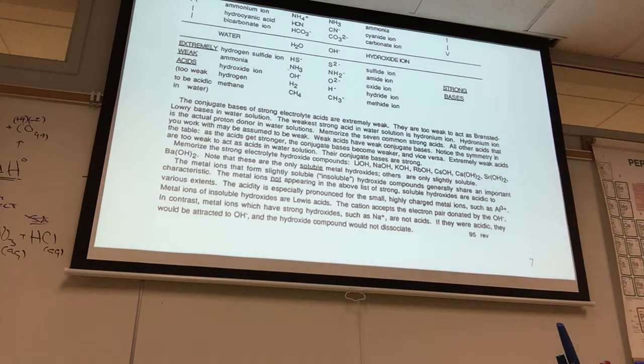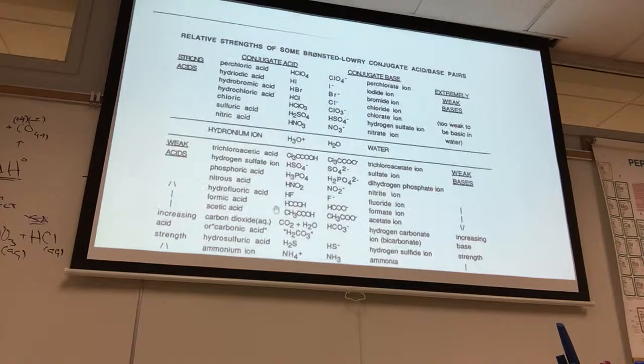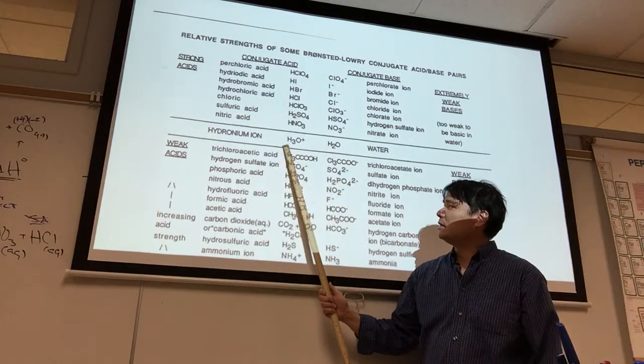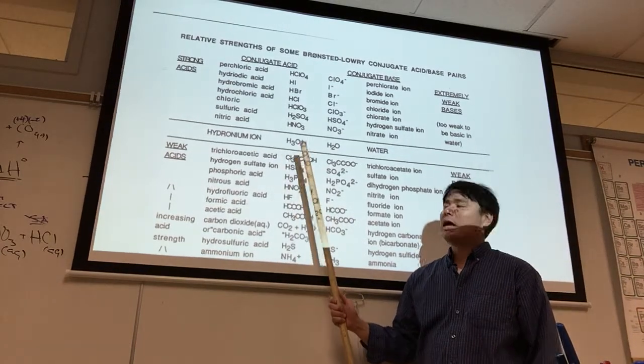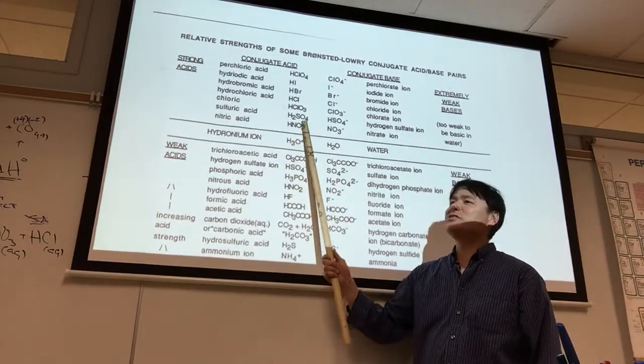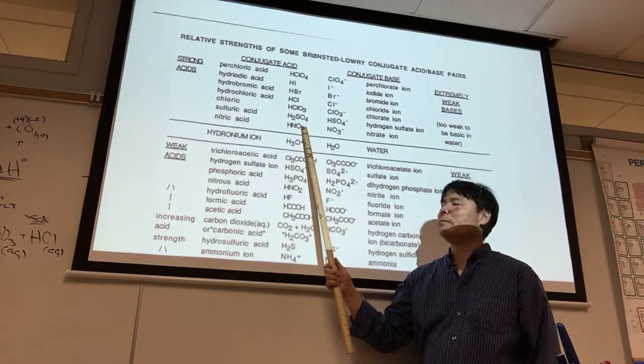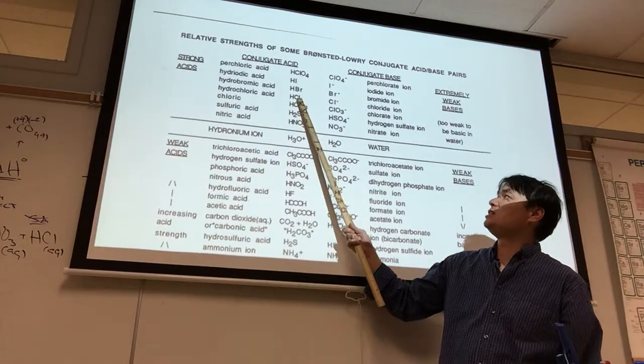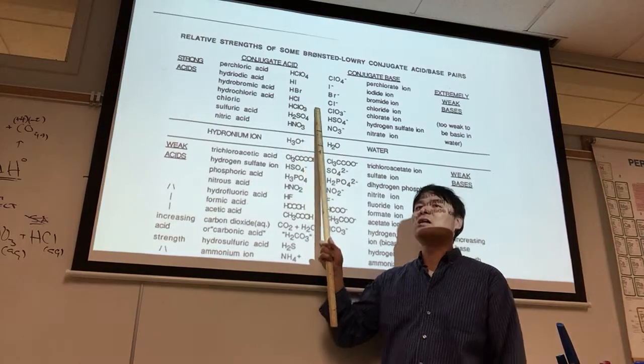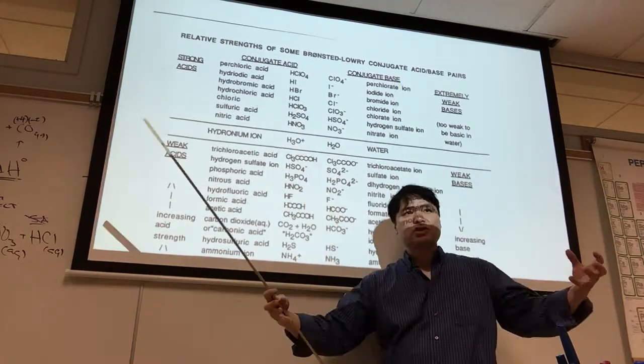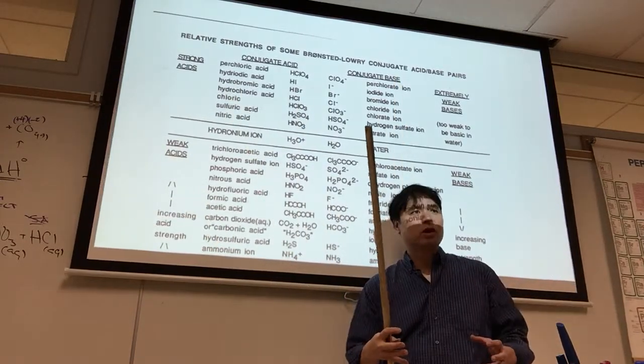Now, let me talk a little bit more about the leveling effect. The leveling effect says this. The strongest acid that can exist in water is hydronium. Any acid stronger than hydronium is unstable in water and will react immediately. So this is why we say HCl is a strong electrolyte, because HCl immediately is going to dissociate or hydrolyze with water.